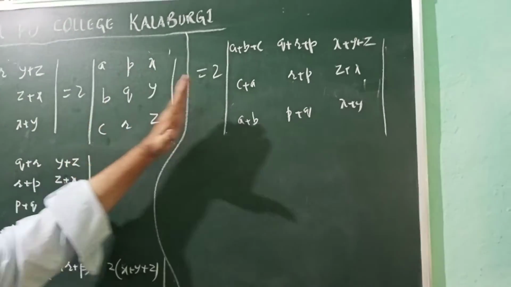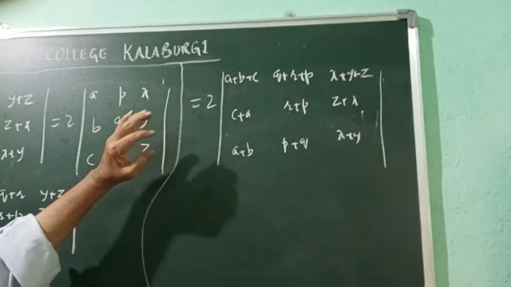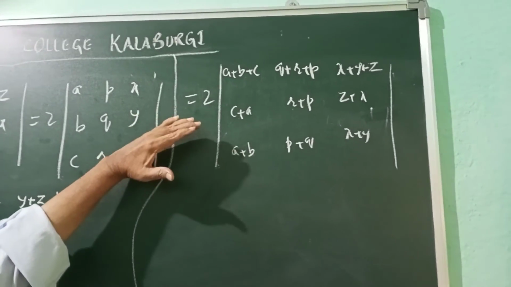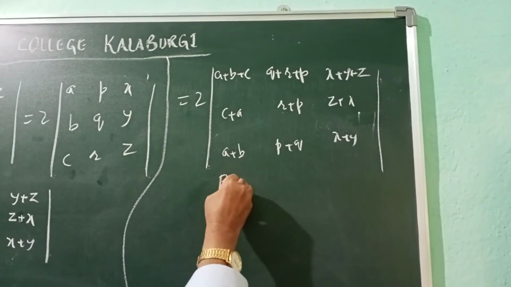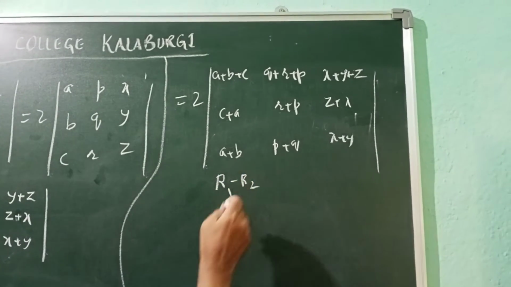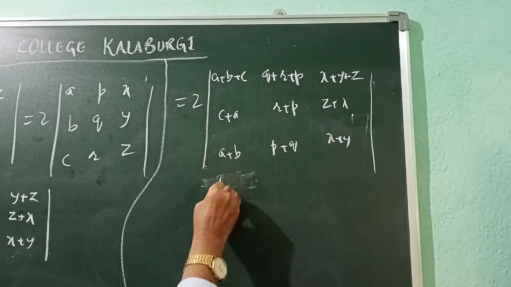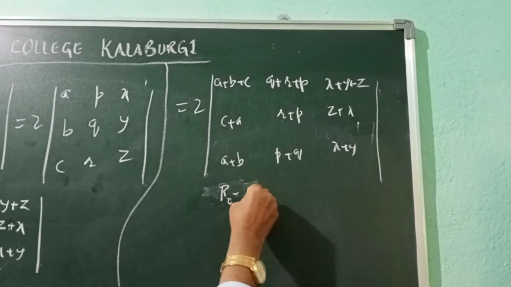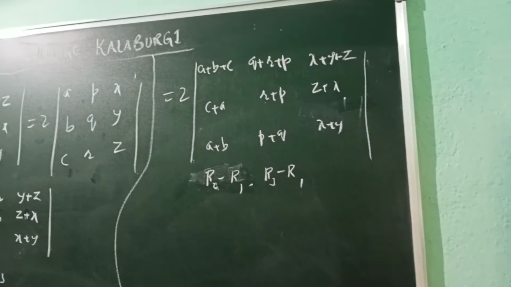Now to simplify this, we do one thing here. In the first row, let us take R2 minus R1 and R3 minus R1. We can do like this; that will be better.